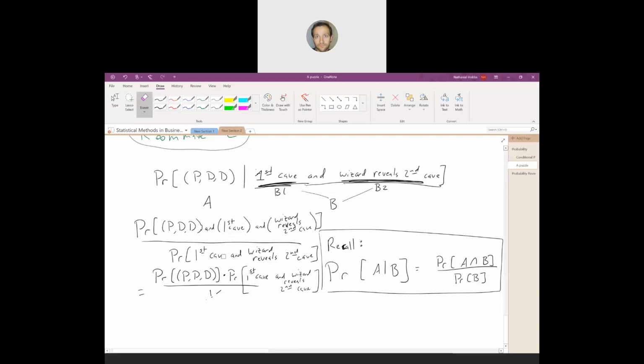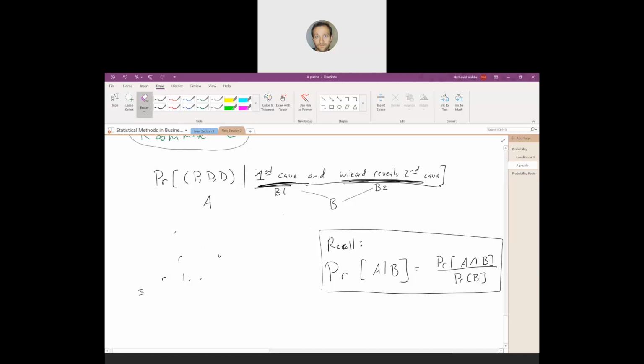You know what? I'm just going to start using A and B. I think this is getting really messy. So sorry, I'm just going to erase this and just use the A's and B's as they are. I'm already writing them here. So here I'll put the probability of A and B over the probability of B. Here, I'll say B1 and B2.